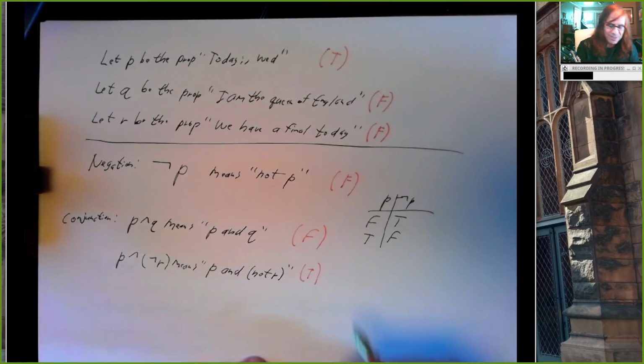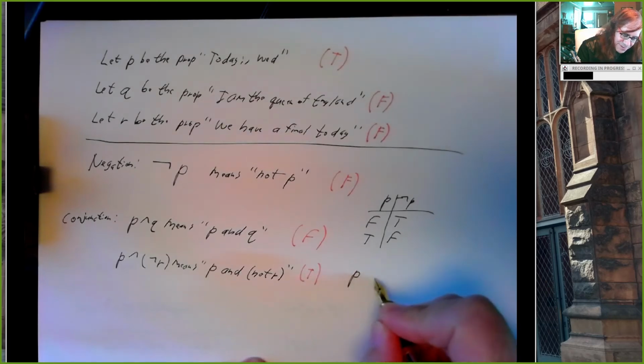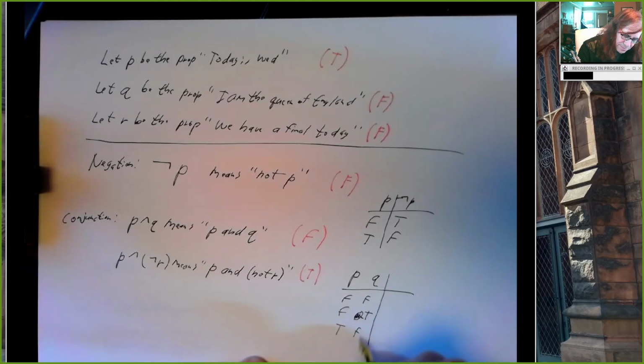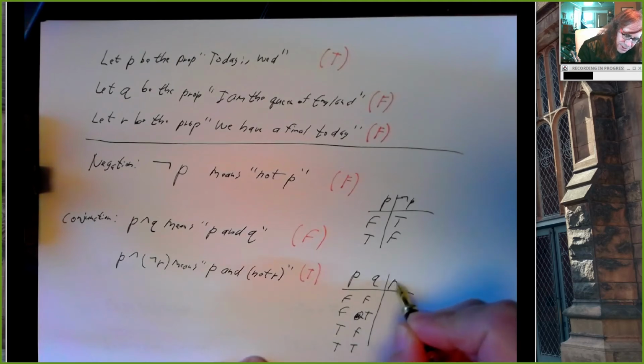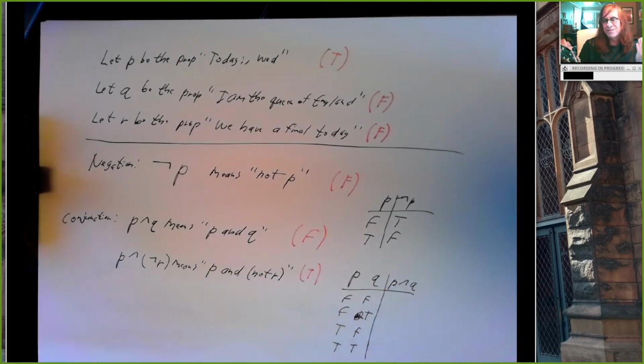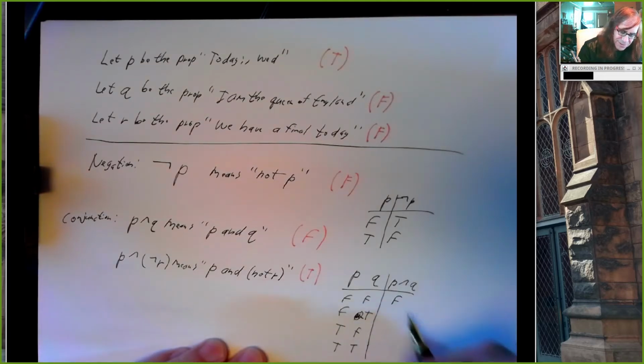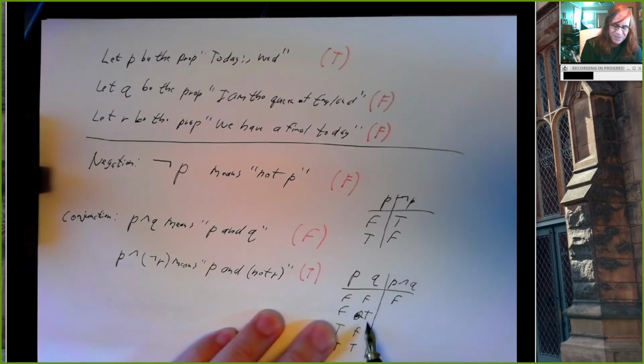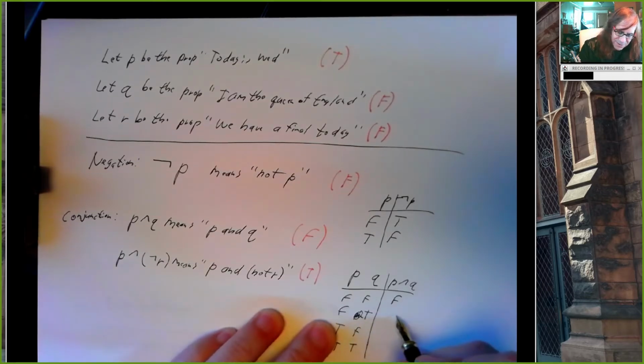And so we can write a table that shows us, for any truth values of a pair of propositions P and Q, what does their conjunction look like? Well, if they're both false, then saying P and Q is certainly going to be false. If I say I'm the Queen of England and today is Wednesday, that's going to be false.